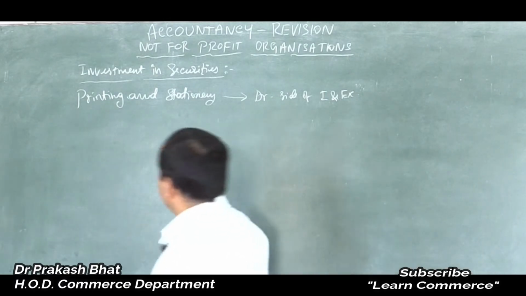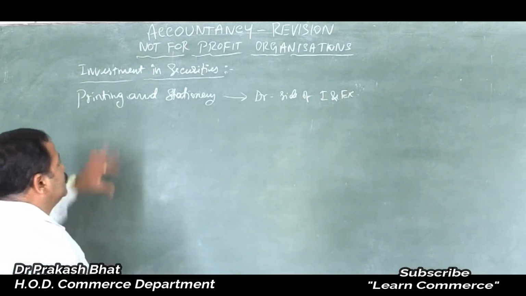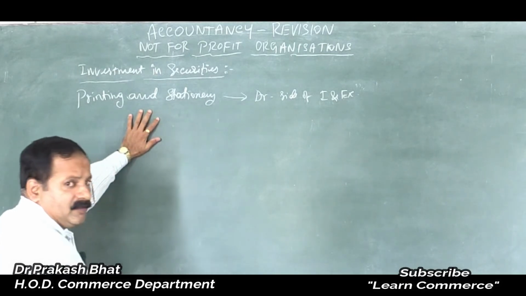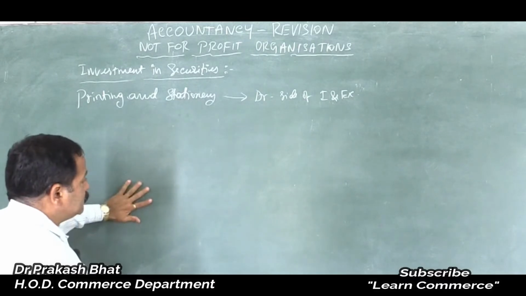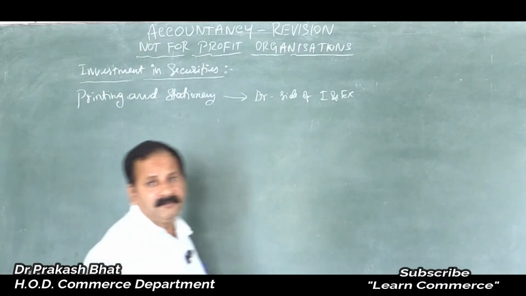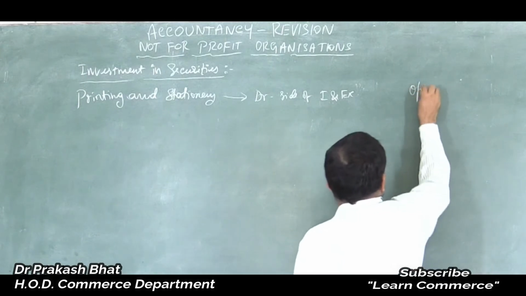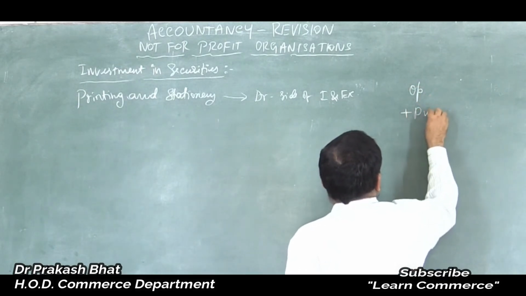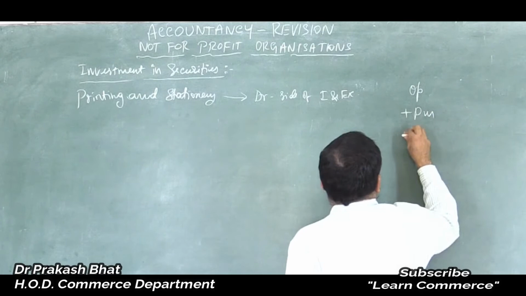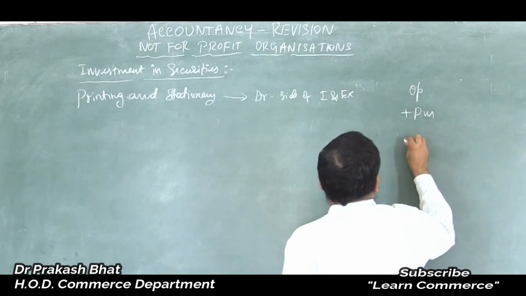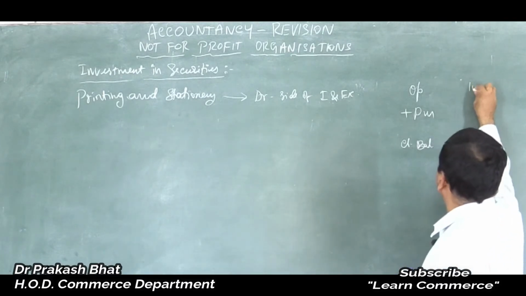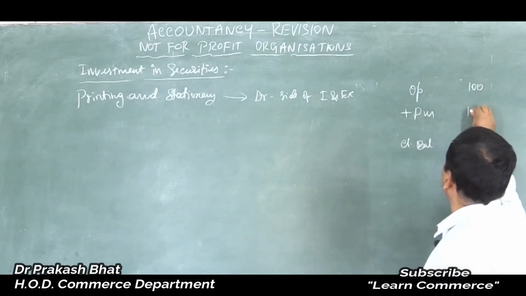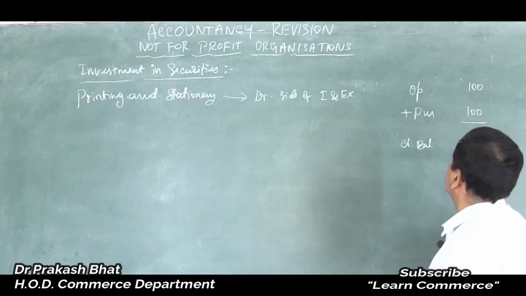Sometimes they will give you the opening balance of printing and stationery, then purchases during the year, then the closing balance will be given in the problem. Opening balance, add purchases, then they will give you the closing balance. Let us take opening as 100, purchased during the year 100, and the closing balance will be shown as 80.